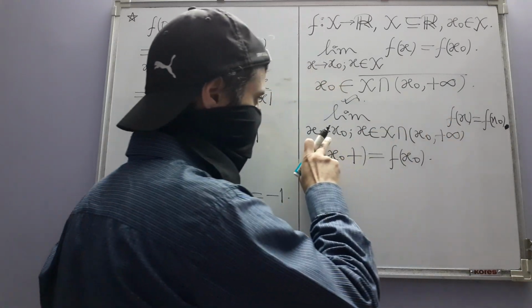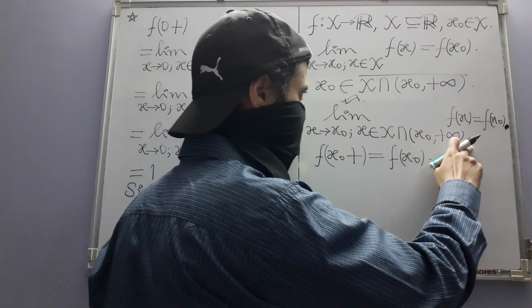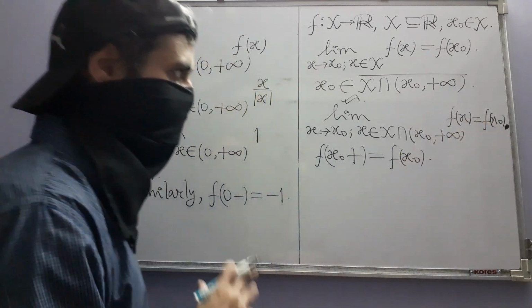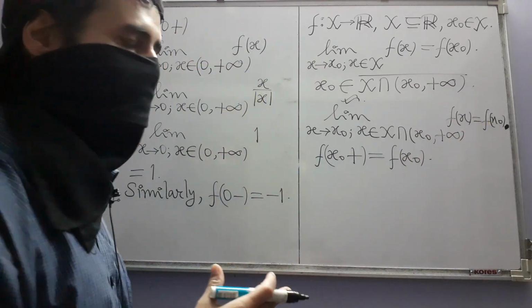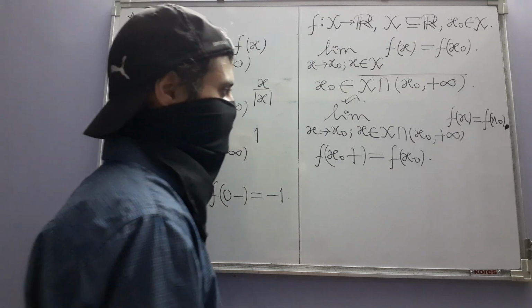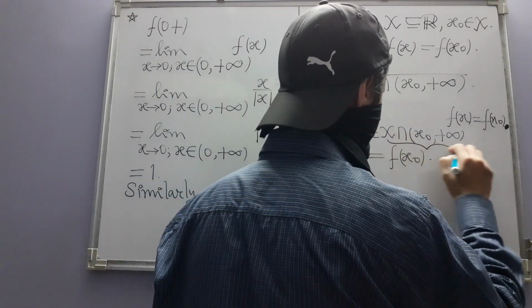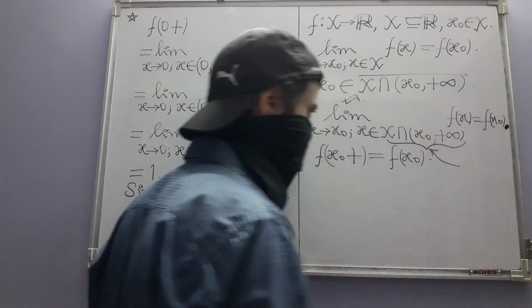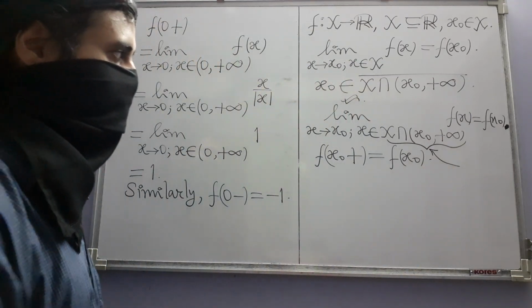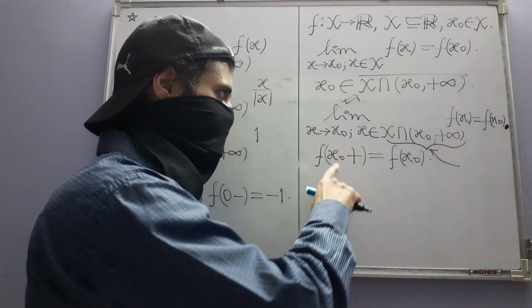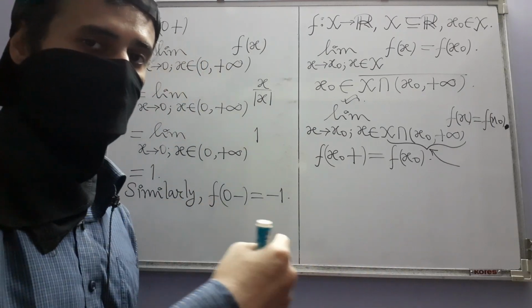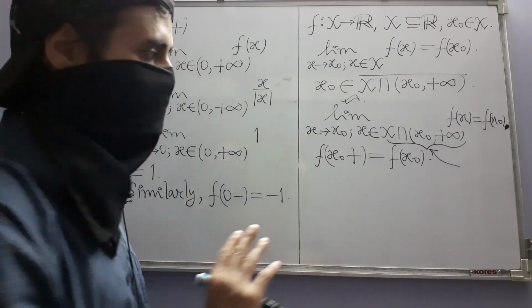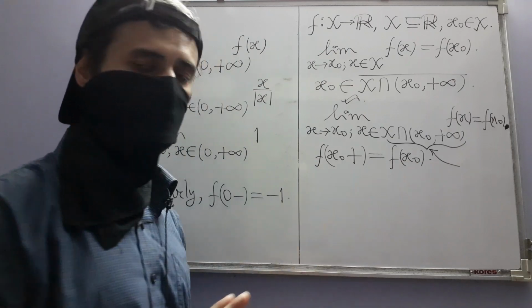To show that this limit exists and is equal to f of x naught, I should take any sequence in this set that converges to x naught, look at the functional values of the sequential terms, and see where that sequence converges.